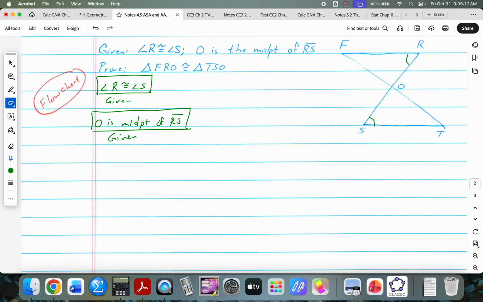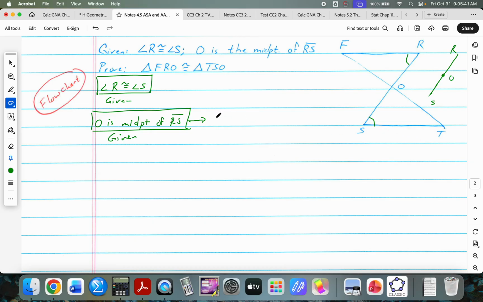With that first piece of given, we already know things are congruent, so we're not going to do anything else with it for right now. But O is the midpoint of RS. We should be able to use that to get some things that are congruent. You don't need to draw this, but we're just looking at this part. If O is the midpoint of segment RS, what conclusion can we make then?